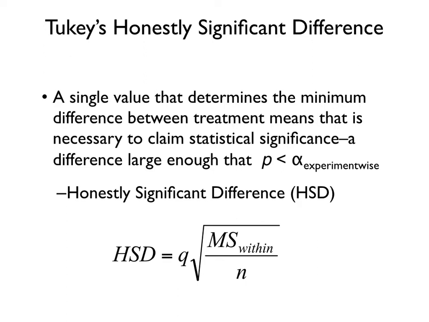And this is really a single value that determines the minimum difference between two treatment means that's necessary to claim that there's a difference. And again, this is going to be limiting some of that experiment-wise alpha, which is what we want. This is the formula for Tukey's HSD. Q is a value you get from a chart.